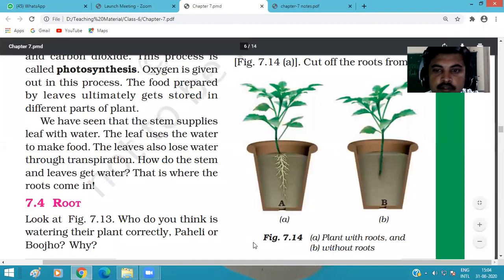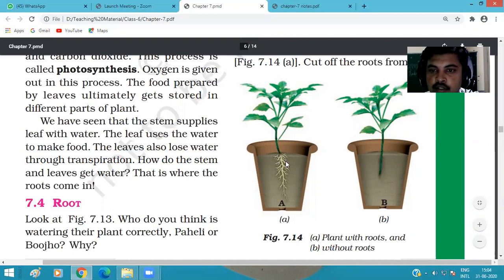In your textbook you see this picture. By an activity we can try to understand the role of roots in the growth of a plant. We take two plants of the same type, and two pots.